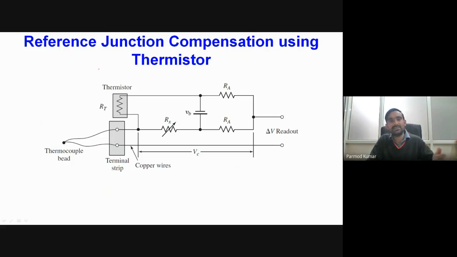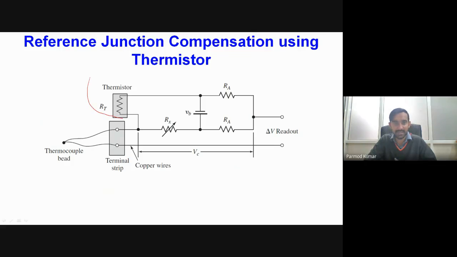So as it is not practically feasible, the post processing unit I have told you we use for thermocouples has reference junction compensation, particularly using thermistors inside the system itself. Here you can see this is our thermocouple bead, which will be our sensing point, and then we connect this to our circuit.